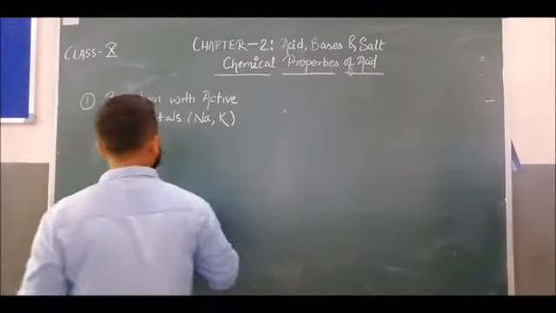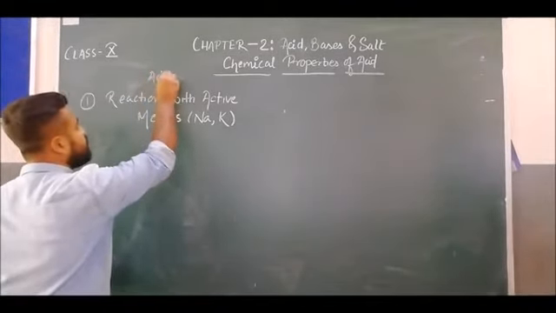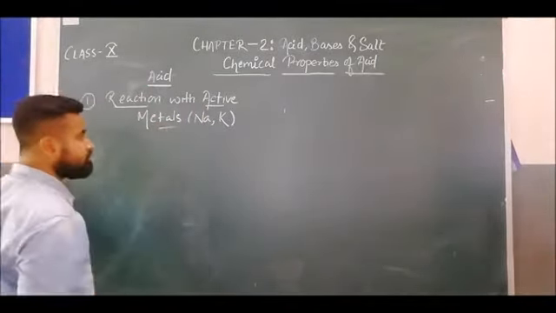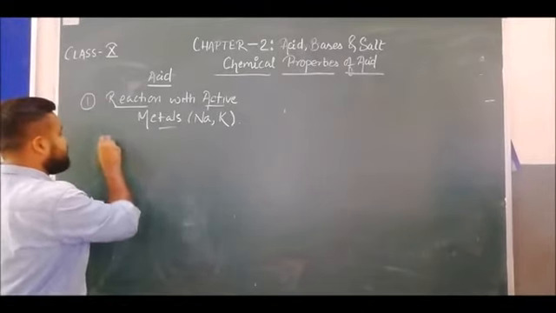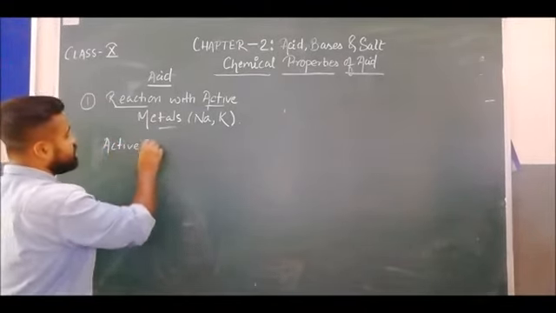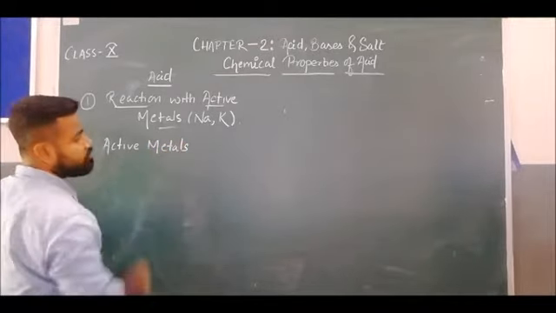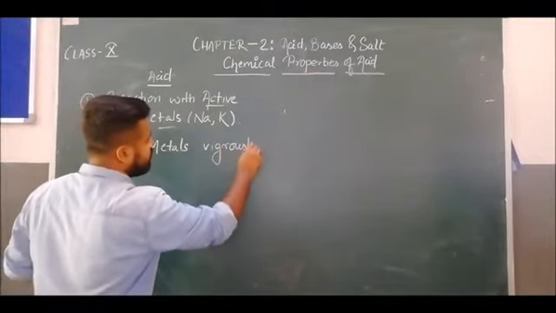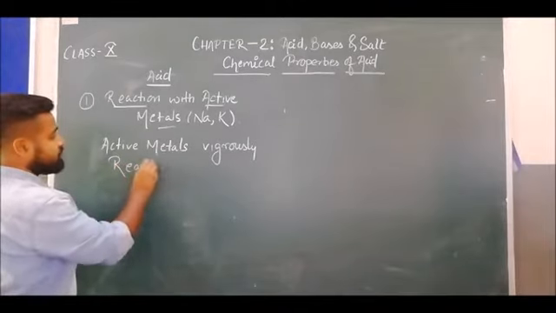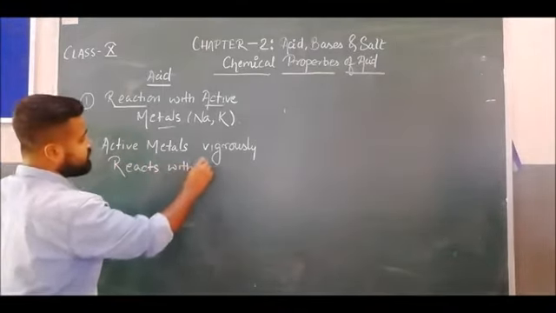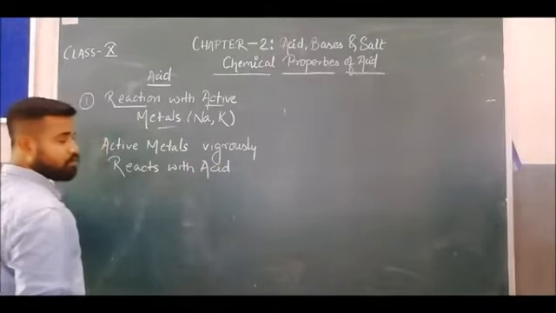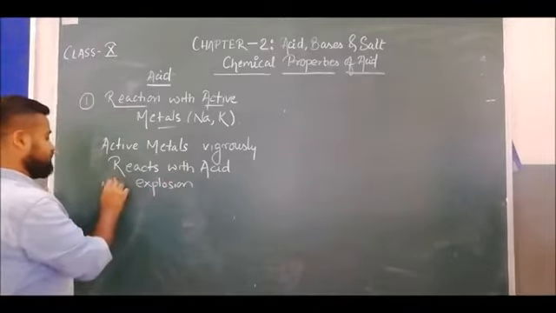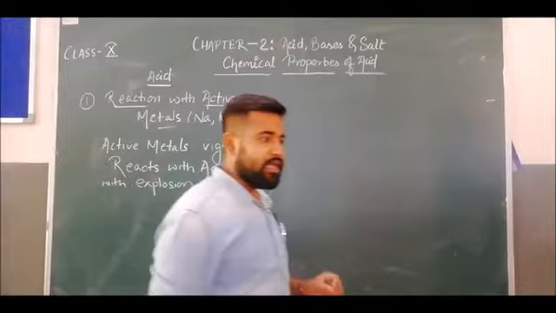So, what is the reaction of acid with these active metals? Here it is quite clear that active metals react vigorously with acids, with an explosion. With explosion means highly exothermic.